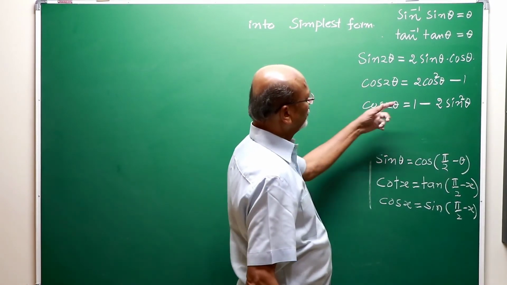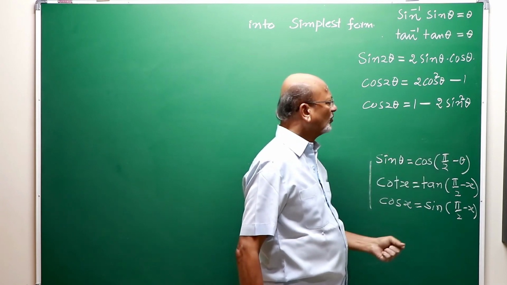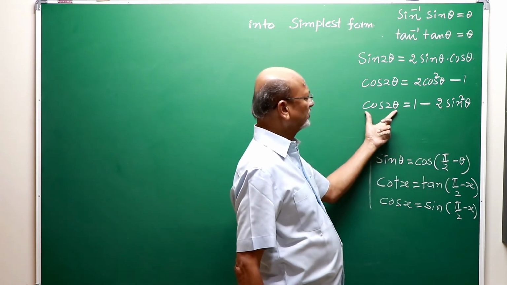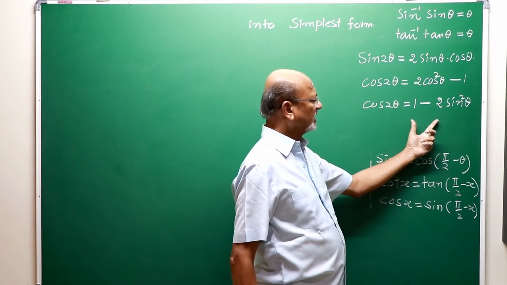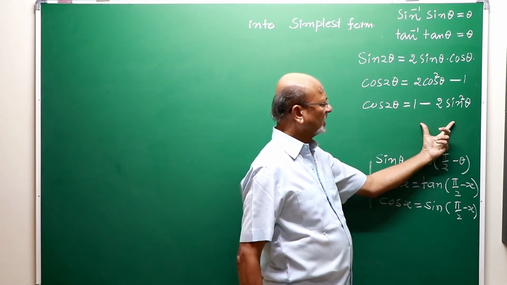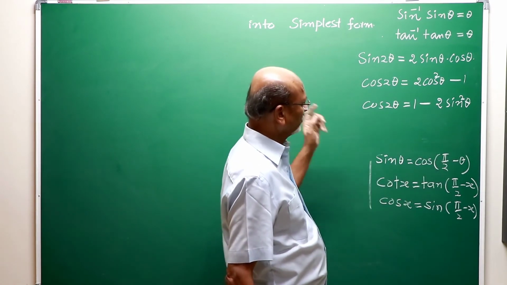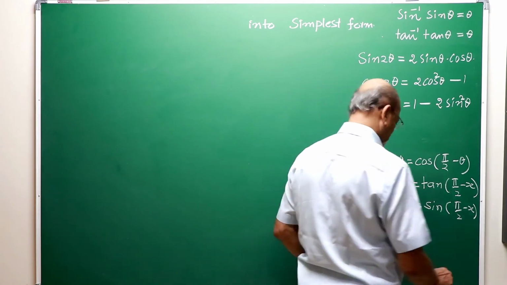The first is purely in terms of cos, the second purely in terms of sine, and one more is there, a mix: cos 2 theta equal to cos square theta minus sine square theta. As we are not using it, I am not going to write it. Based on this, I do one set of examples.